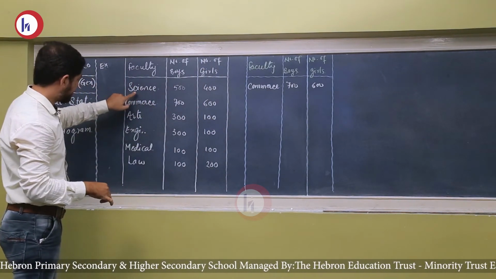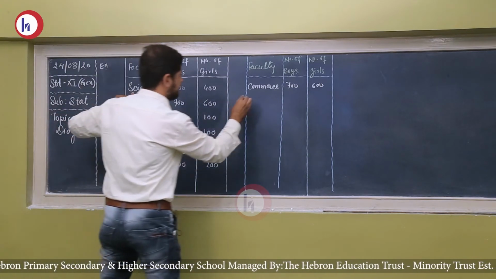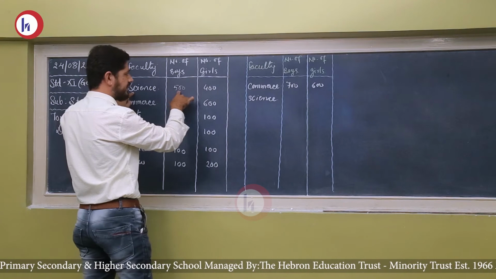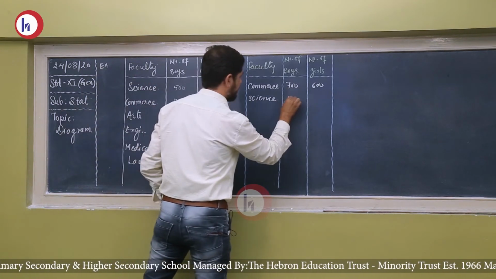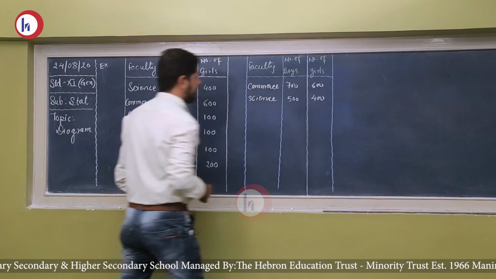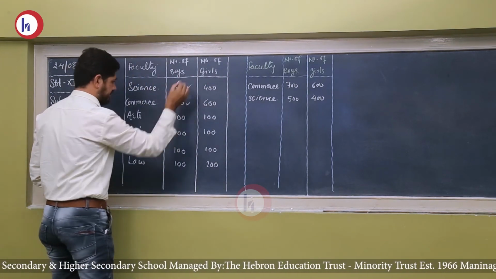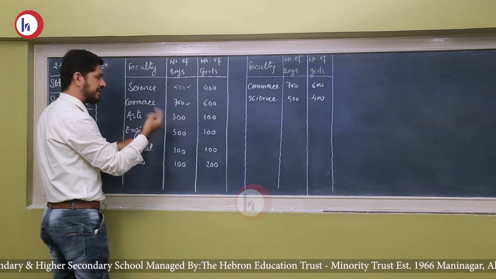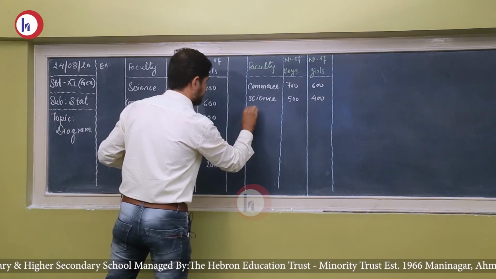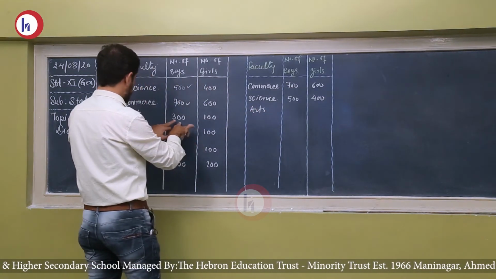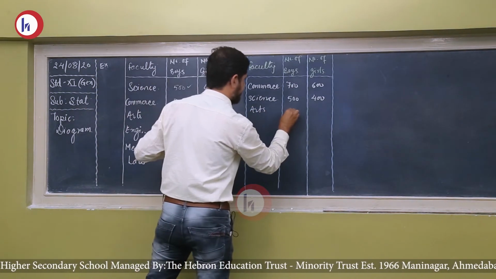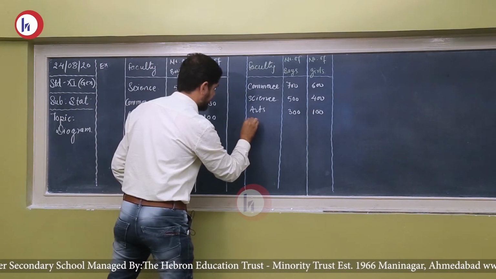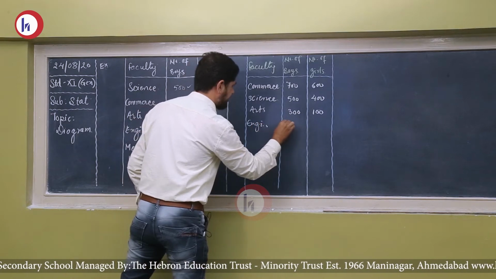Now second one, in science, the number of boys is 500 and the number of girls is 400. Third, arts and engineering have the same. So we can write arts or engineering first. Suppose arts, that has 300 and 100. In engineering, again it is 300 and 100.